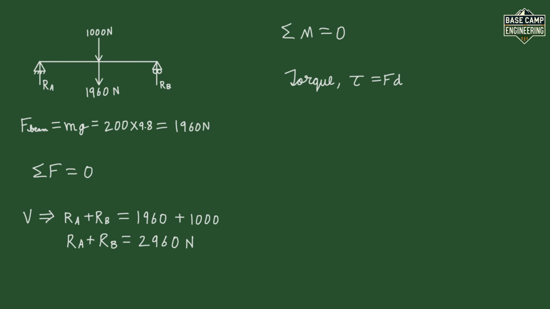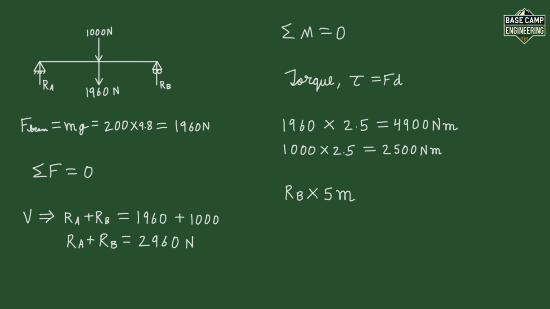The 1960 newton beam weight acting at 2.5 meters from Ra creates a clockwise moment of 4900 newton meters. The 1000 newton load at 2.5 meters from Ra creates another clockwise moment of 2500 newton meters. The right reaction Rb at 5 meters from Ra creates a counterclockwise moment of Rb multiplied by 5 meters.